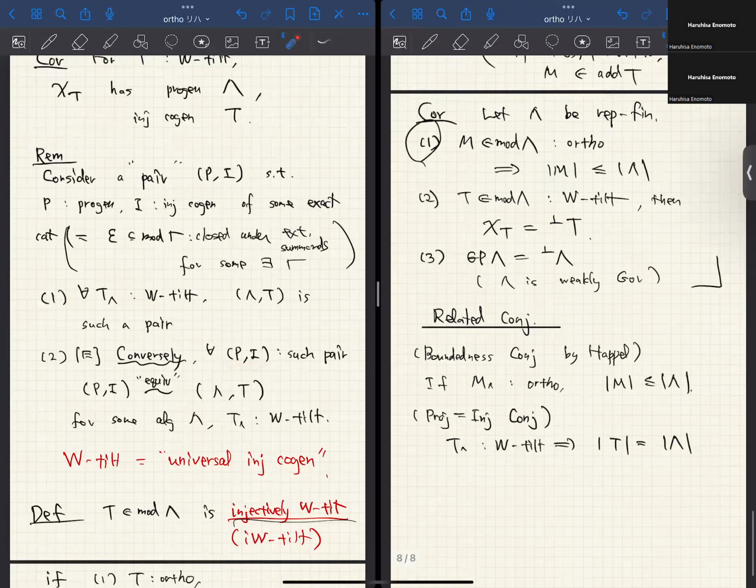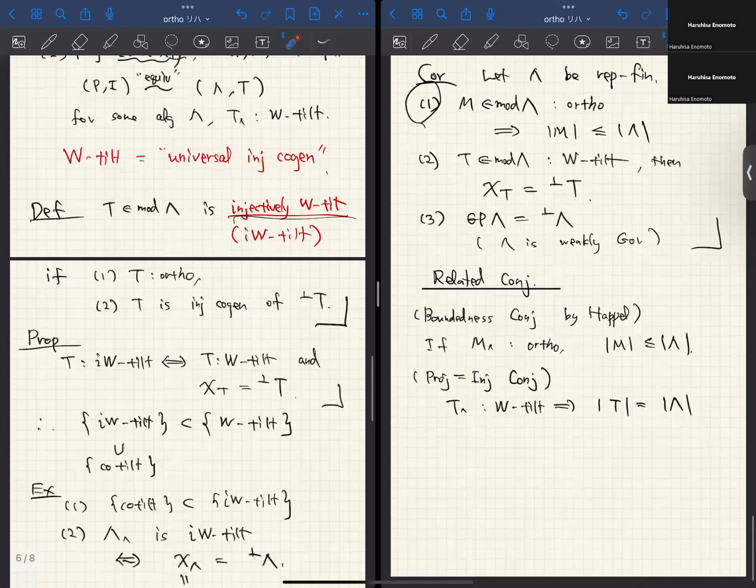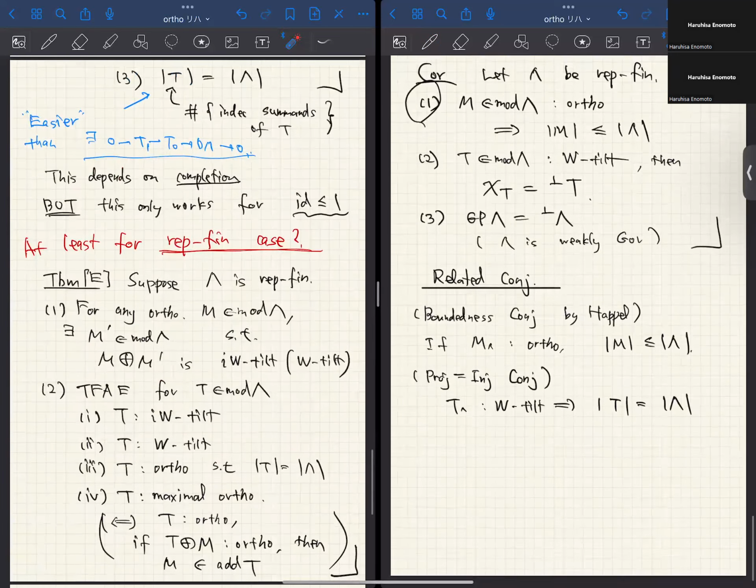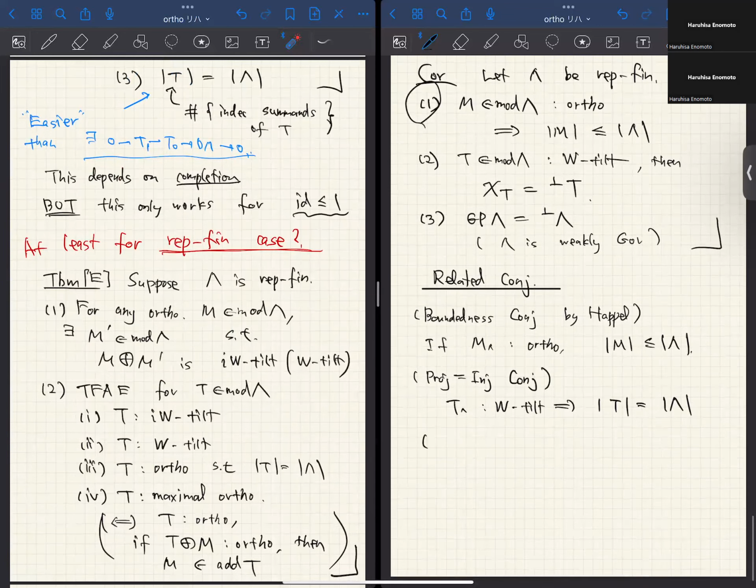The final conjecture is about the maximality condition of Wakamatsu modules. The maximal orthogonal conjecture says that if T is Wakamatsu, then T should be maximal orthogonal.